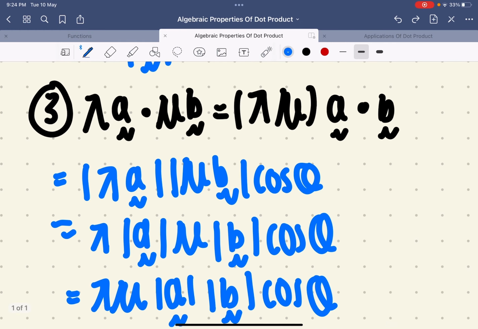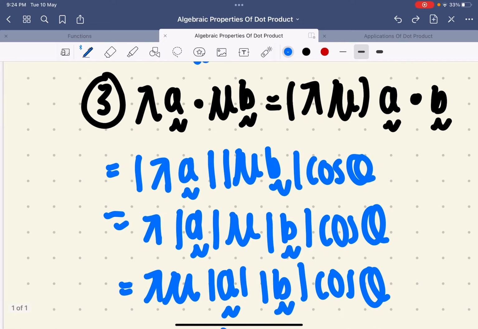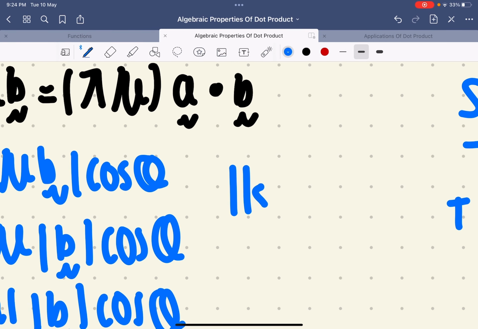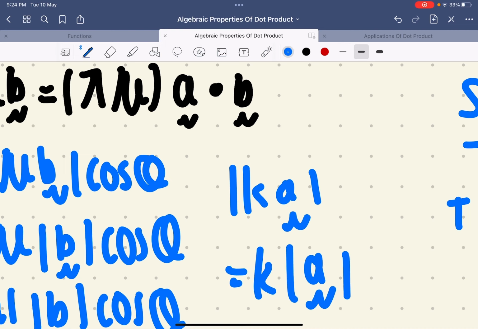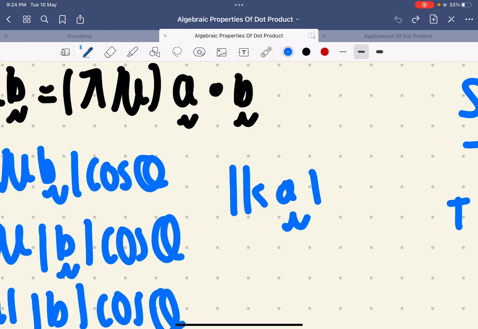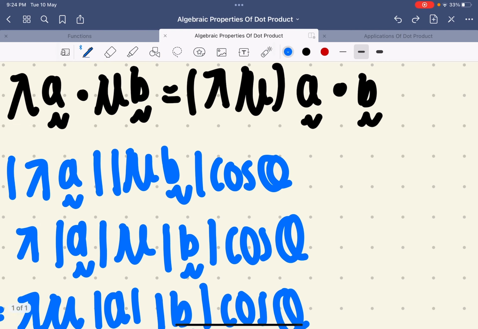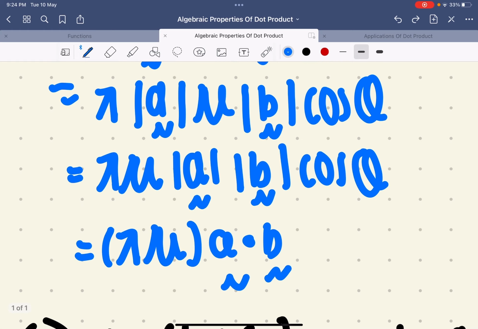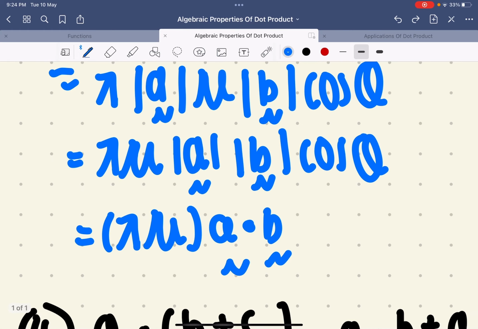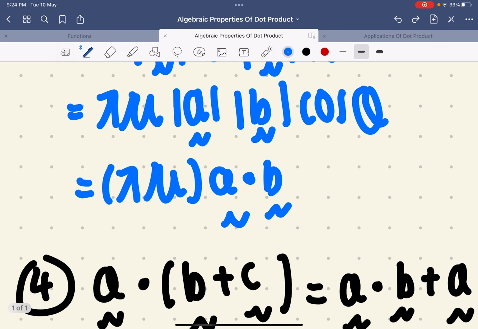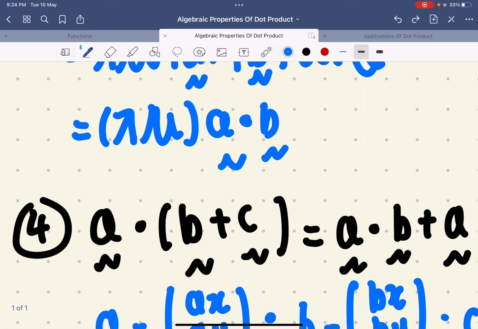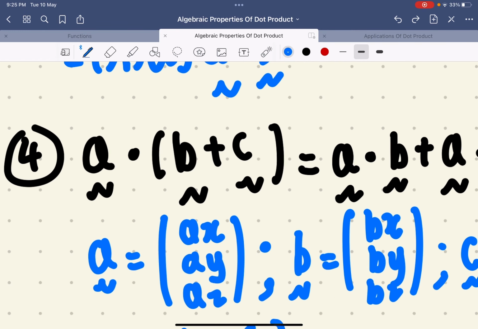Since these are scalar multiples, we know that for scalar products, mod of K A just equals K mod A. K can be lambda, can be mu. So we can just take out the lambda and take out the mu, then put them together: lambda mu mod A mod B cosine theta. Then mod A mod B cosine theta equals A dot B, so we get lambda mu A dot B. Here you go.